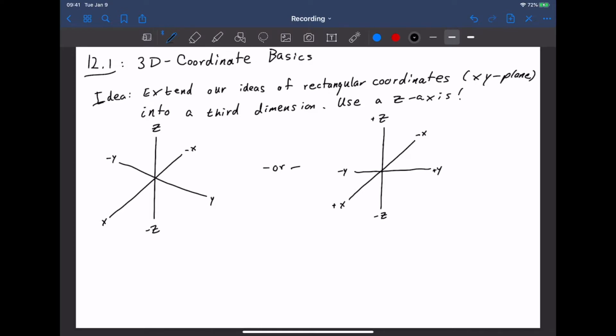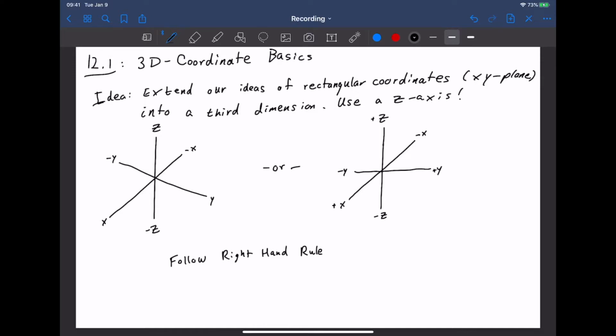Whichever system we use, whether we're looking at it from the front, where we're picturing in or out, or from the top-down view, we want to make sure that we follow the right-hand rule. This will actually come into play over and over again in this class.